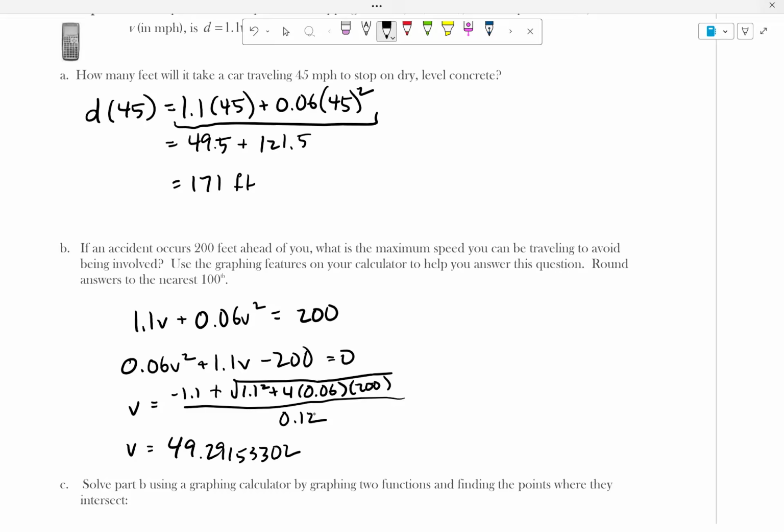Okay, so that means if you're going that speed, it's going to take you 200 feet to stop. So if you want to avoid hitting the obstacle, just go less than that.